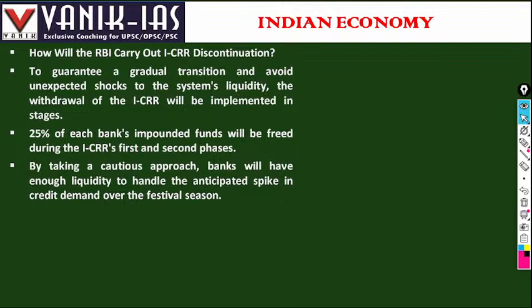By taking a cautious approach, banks will have enough liquidity to handle the anticipated spike in credit demand over the festive season, because as the festive season is approaching, there will be a demand for cash in the market. By releasing this ICRR, the Reserve Bank will be able to fulfill the demand of the market.